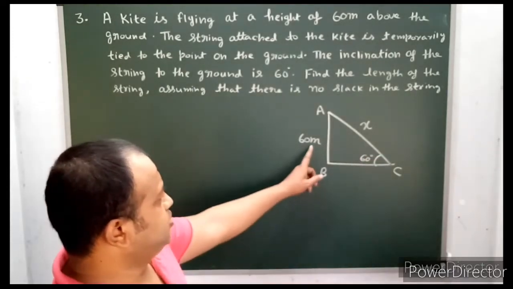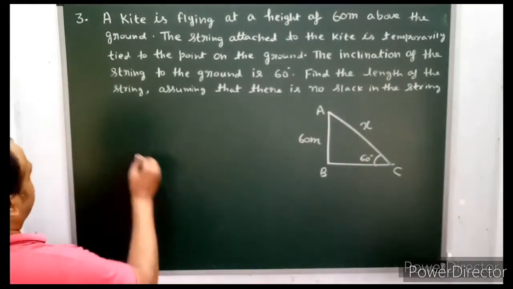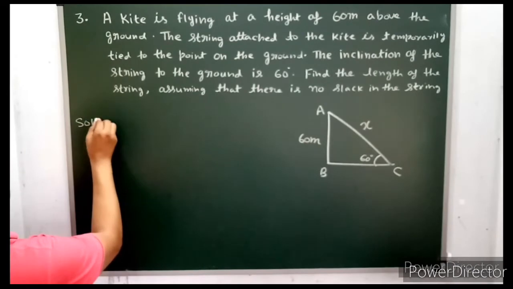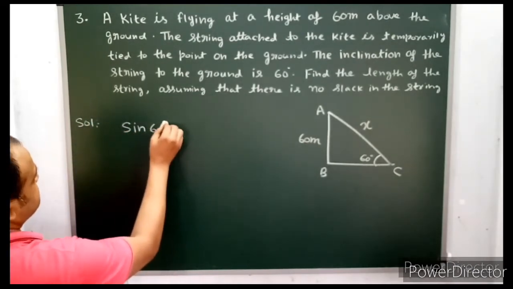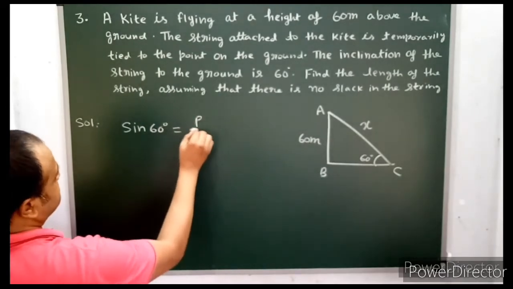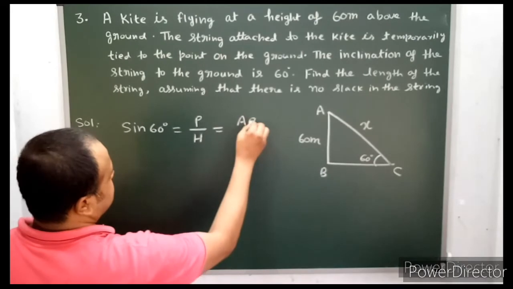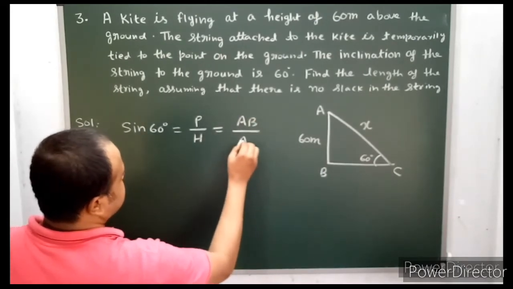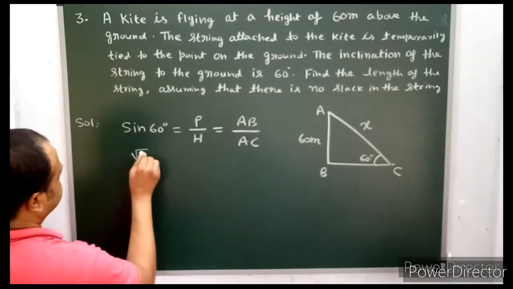In this sum, perpendicular is given and we need to find the hypotenuse. We will apply the formula sine 60 equals to P by H, that is AB by AC, and sine 60 is what? Root over 3 by 2.